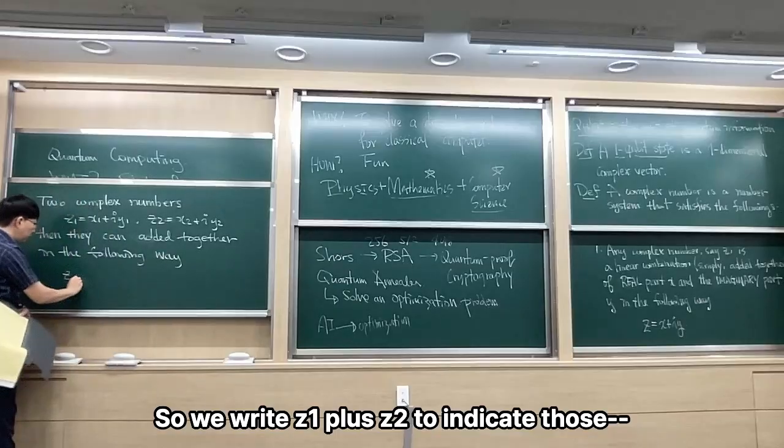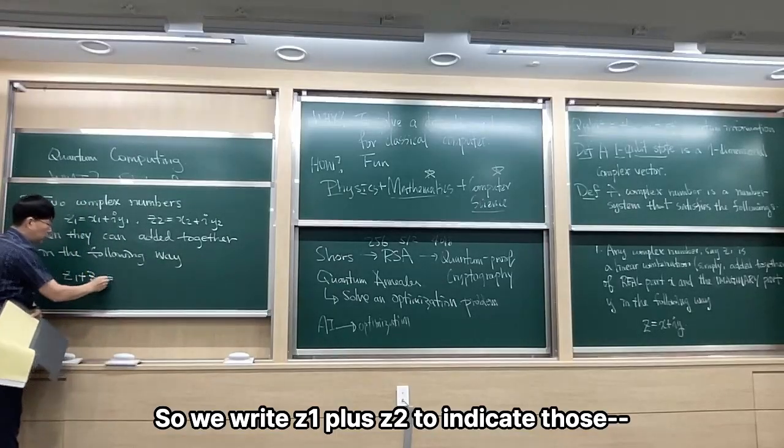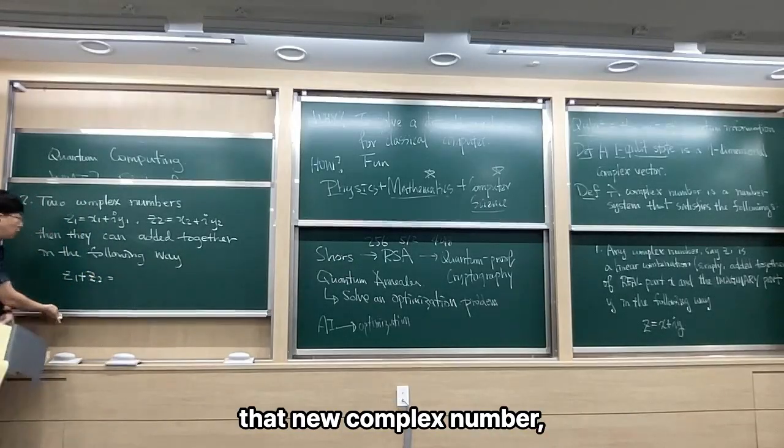So we write z1 plus z2 to indicate that new complex number.